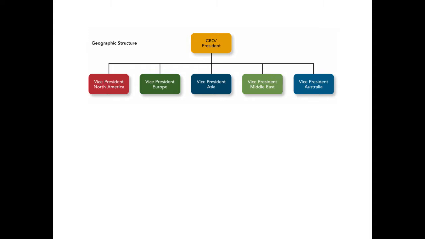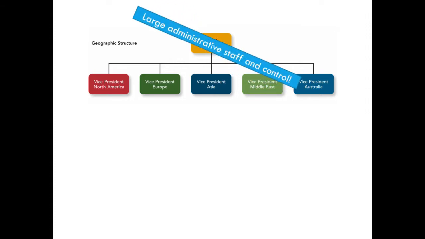One of the weaknesses, however, is that it requires a large administrative staff to control and coordinate the tasks among the different regions, and therefore tasks can also be duplicated between different regions.